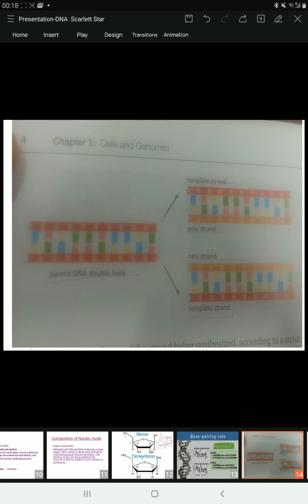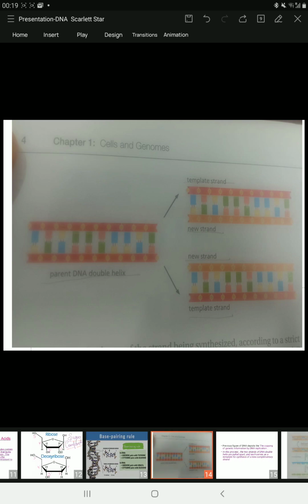If the parent has an A, adenine, here, then the new strand is going to contain T, thymine, here. That's the template strand and the new strand.